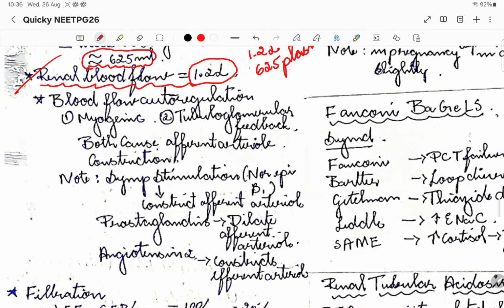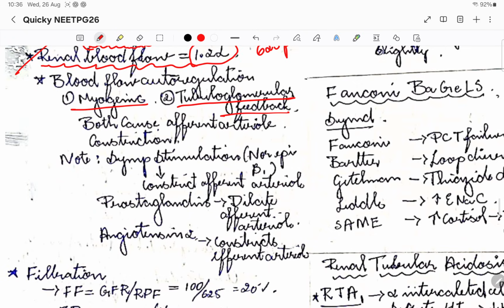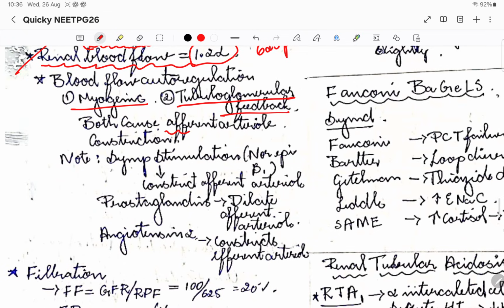Coming to the autoregulation of blood flow in the kidney, it is by two main mechanisms: myogenic autoregulation and tubuloglomerular feedback. Both of these cause the afferent arteriole to constrict. Whatever blood flow is needed, autoregulation happens through the myogenic or tubuloglomerular feedback mechanism.